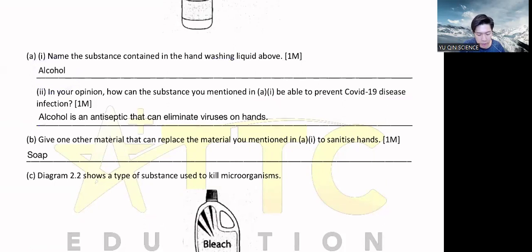Soap is a sterilizing method, so you change the name of the method. Soap is under the first one, sterilization, to eliminate viruses on hand. Then for the other material, you write alcohol. I think they can be reversed, no problem.